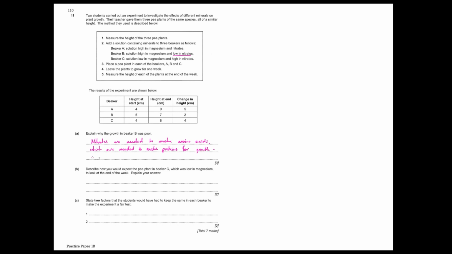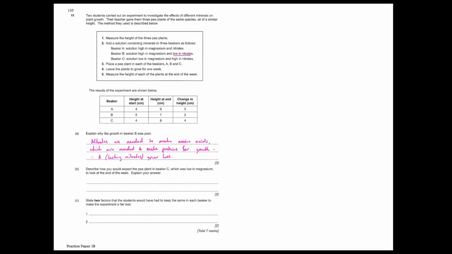Therefore, B, which was lacking nitrates, grew slowly or grew less. Okay, so there we go. We've talked about the fact that B is lacking nitrates, so we've linked that back to our information in the question, and we've told the examiner what nitrates are needed for, and then we've linked that to the growth.